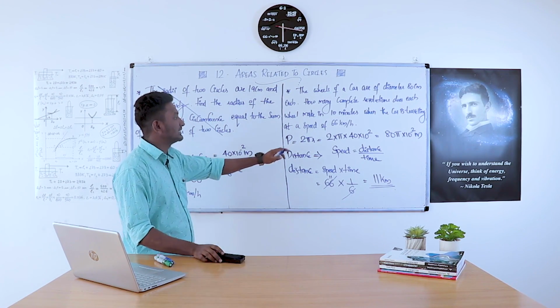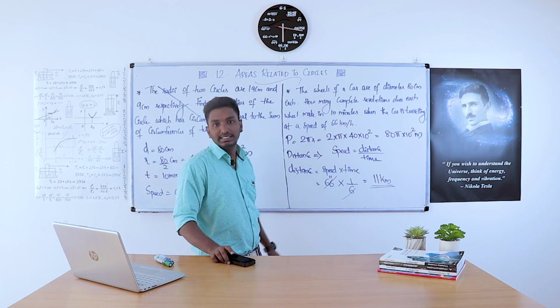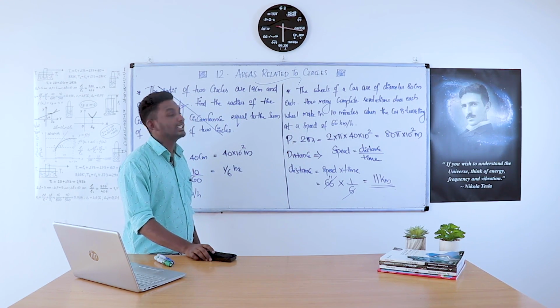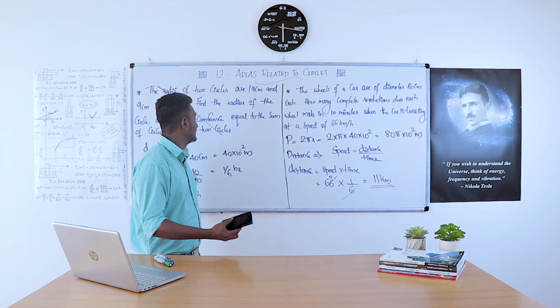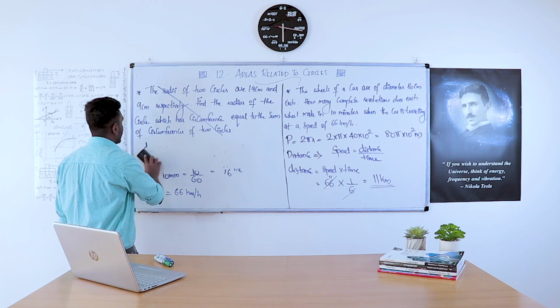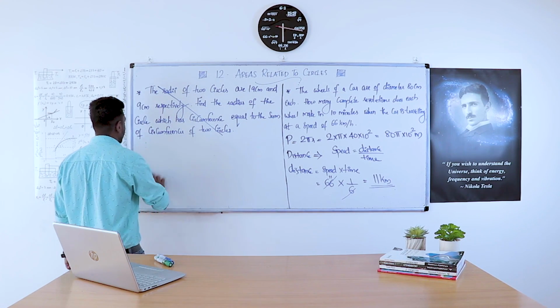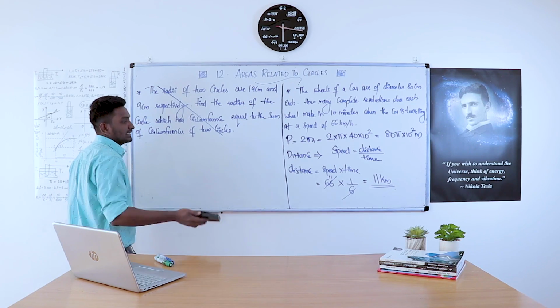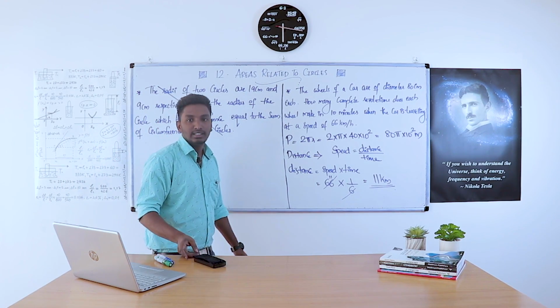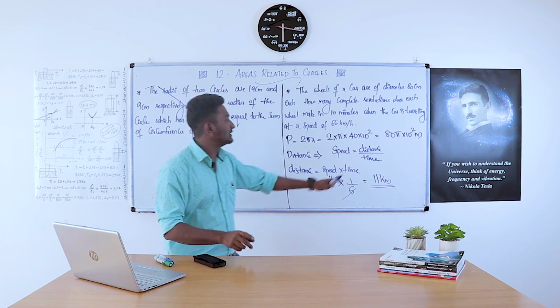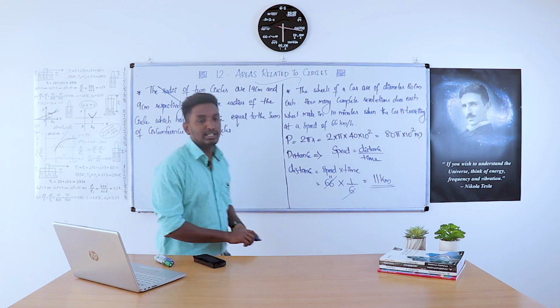That means if the car is traveling at a speed of 66 km per hour, then in 10 minutes the car travels a distance of 11 km. So we need to find how many revolutions the wheel completes in traveling 11 km. Total distance is equal to 11 km. The distance moved in one revolution is 80 pi into 10 raised to minus 2.